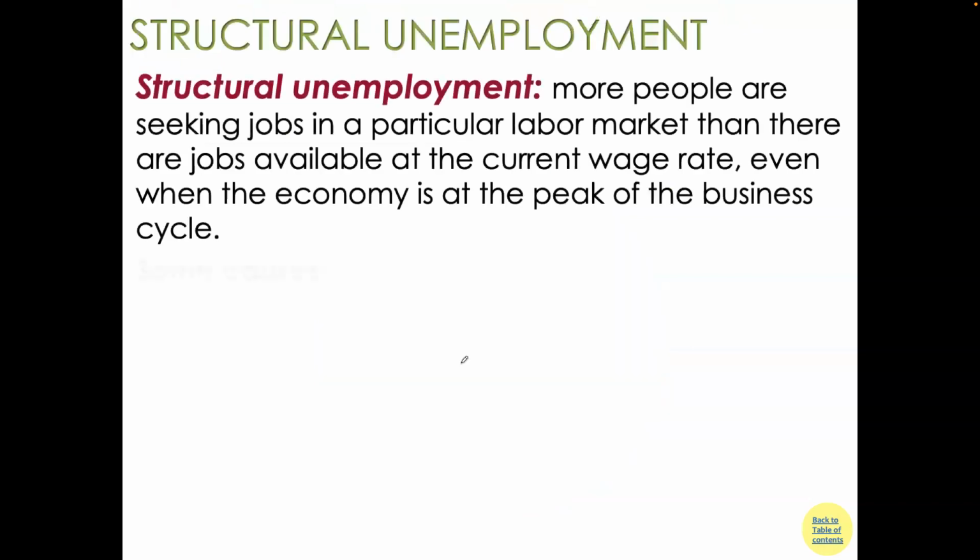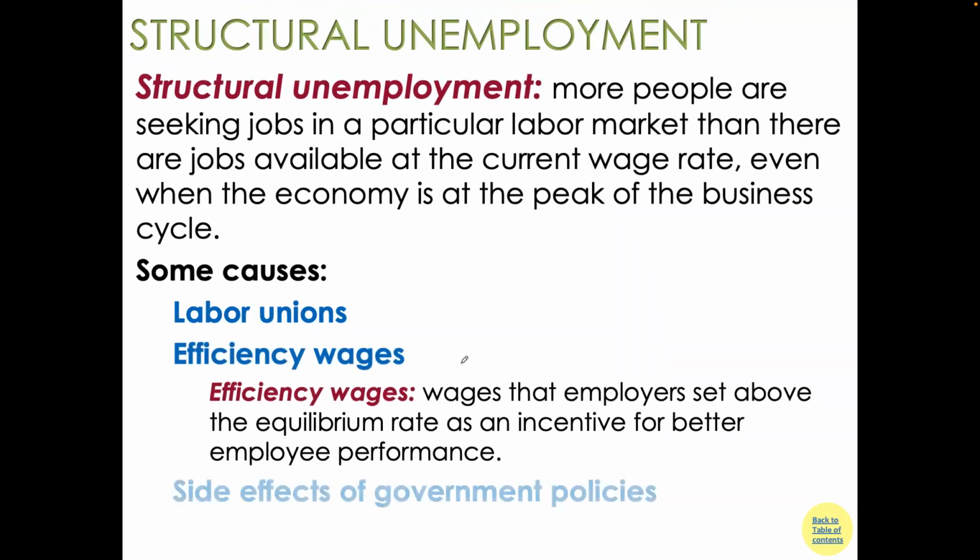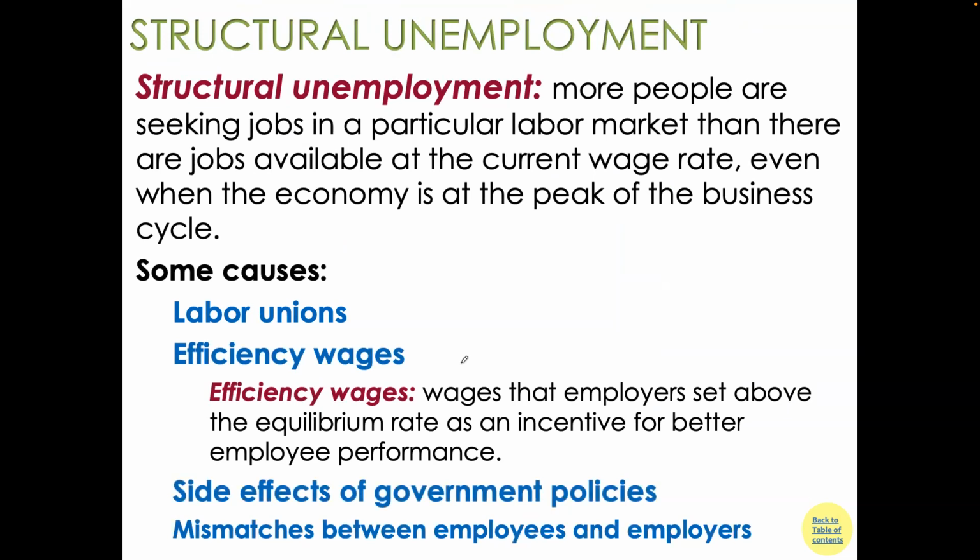Right. Now we go to the second type of unemployment. It's called structural unemployment. And what is structural unemployment? First of all, it's defined as the situation when there are more workers searching for a job in a particular labor market than there are jobs available.